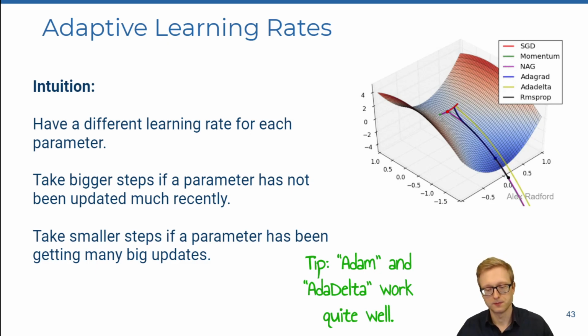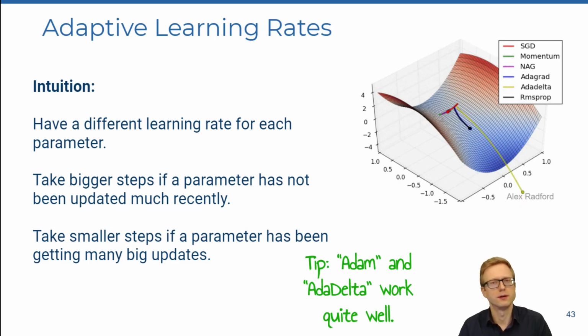And then there is a logic behind the adaptive learning rate that controls the size of each learning rate for each parameter. So if a parameter has not been updated for a while, then we might want to increase the learning rate for that parameter to see if maybe it has gotten stuck in a suboptimal state.